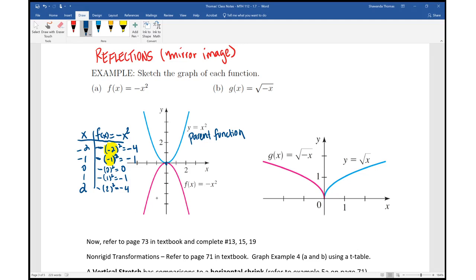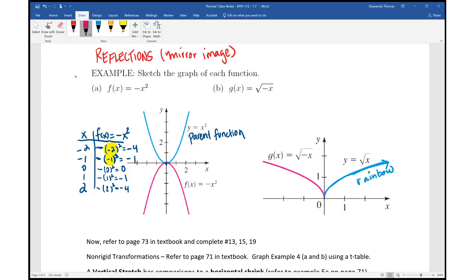All right, now this one, we have the square root function. Normally the square root function, as you can see, is going to the right. We have described it in the past as a rainbow, like a rainbow going to the right normally. But in this case, notice it reflected over the y-axis. And why is that?